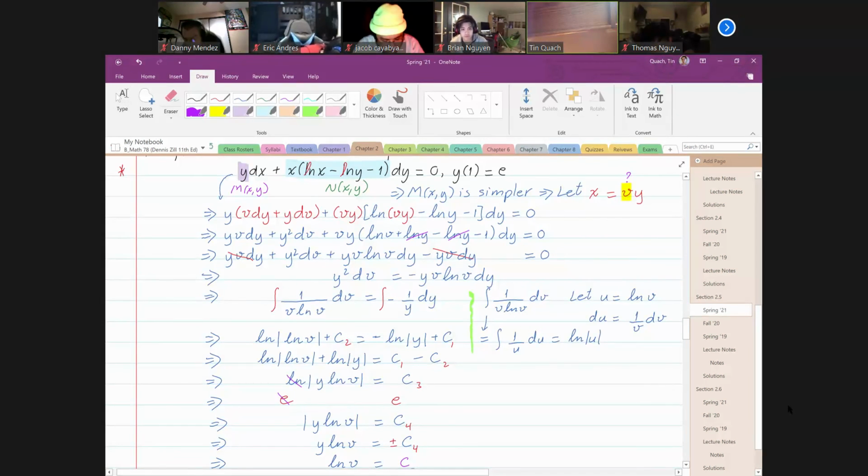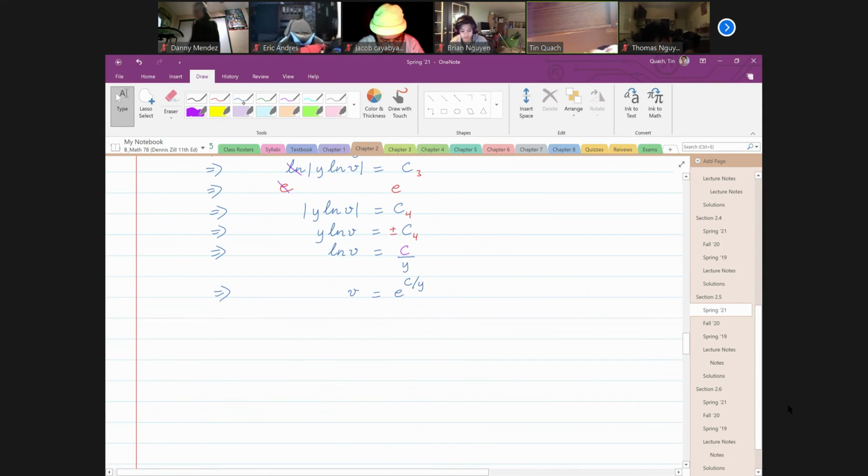Okay, so from here, the general solution is y out x equals vy, which implies x equals y times v, which is e to the c divided by y.